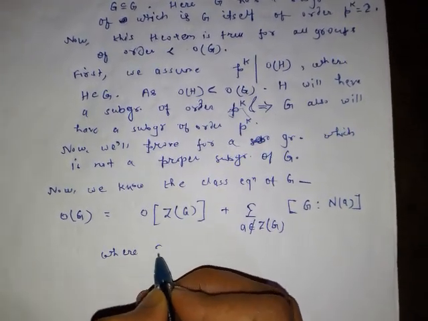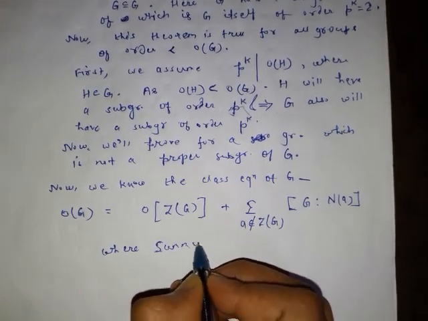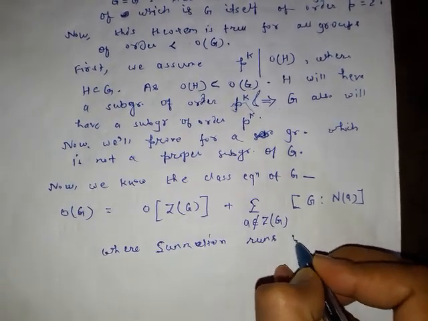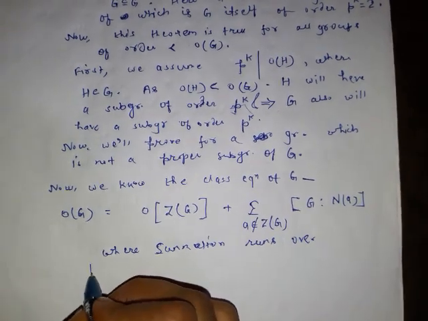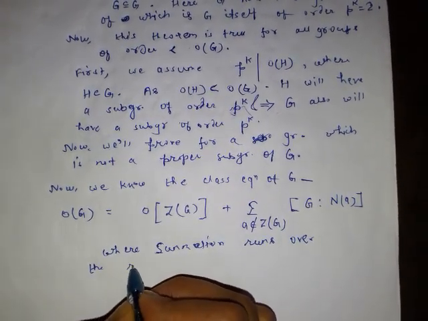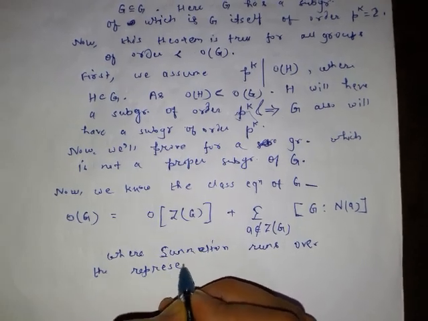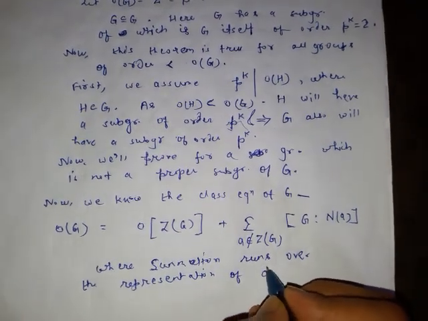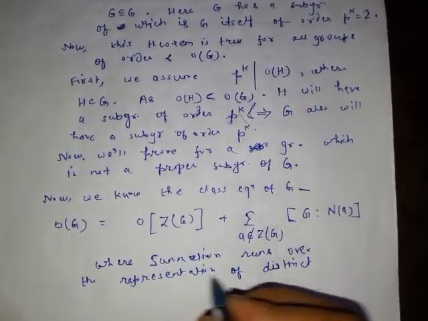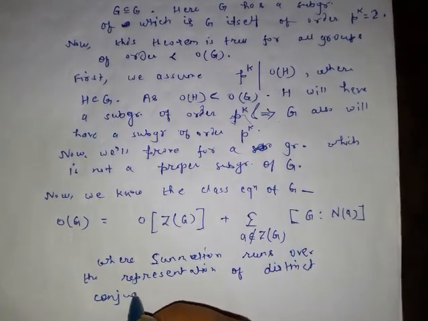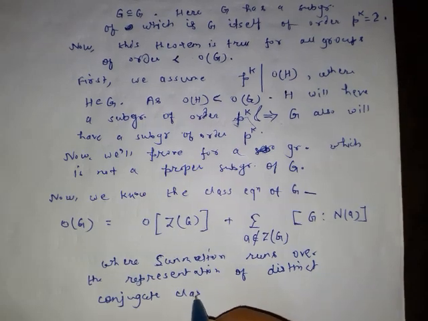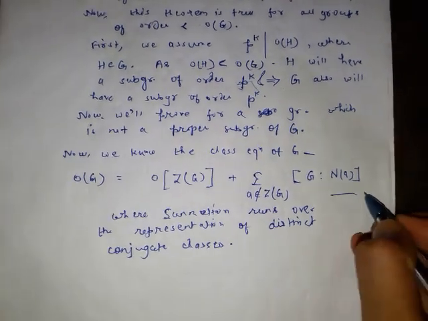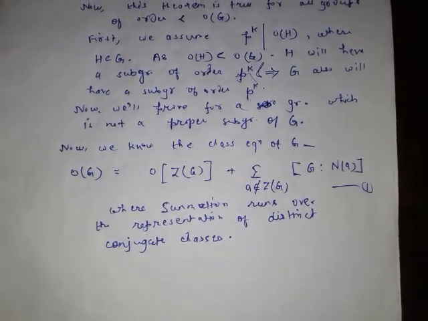and where the summation runs over the representatives of distinct conjugate classes, and we give it equation number 1.